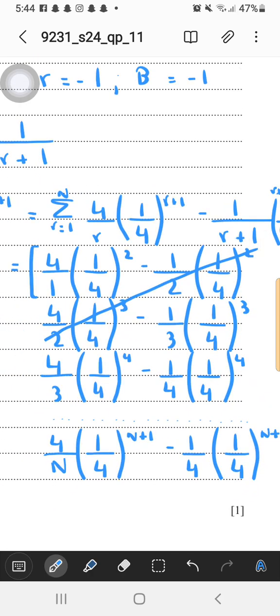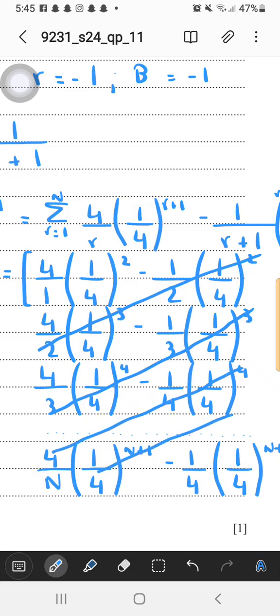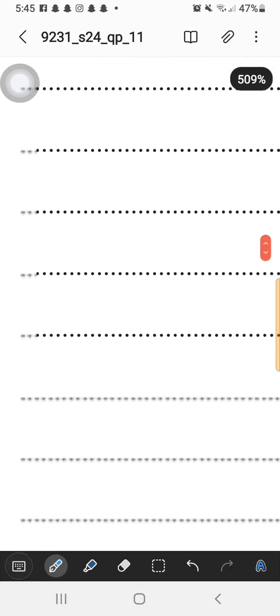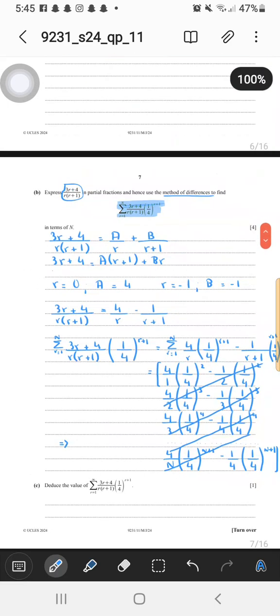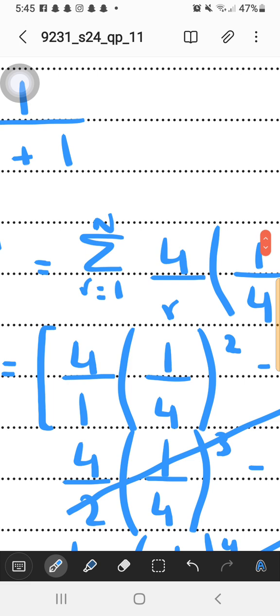If this pattern is correct, then 1 upon 3, 1 upon 4 with the power 3 plus 4 upon 3 multiplied by 1 upon 4 power 4. Yeah, so this pattern is correct. So this will also get cancelled, this will also get cancelled, and this will also get cancelled. So our final answer will be, let's find out what it is. 1 upon 4 whole square becomes 1 upon 4.